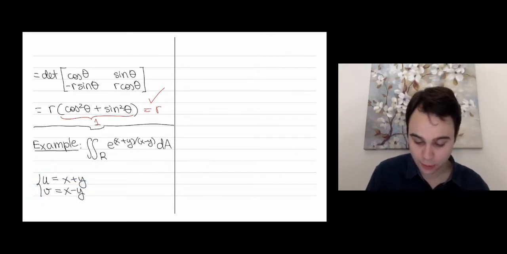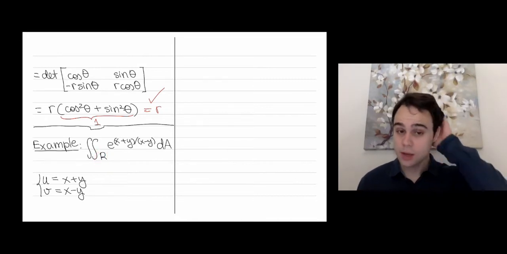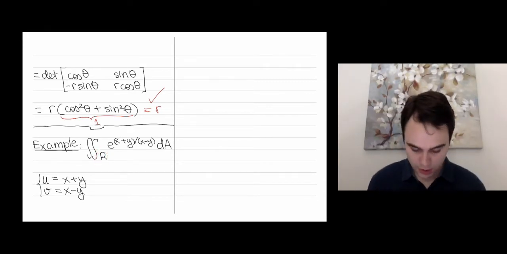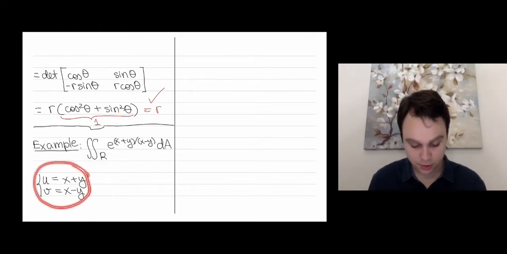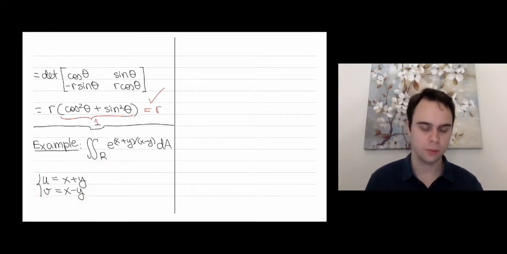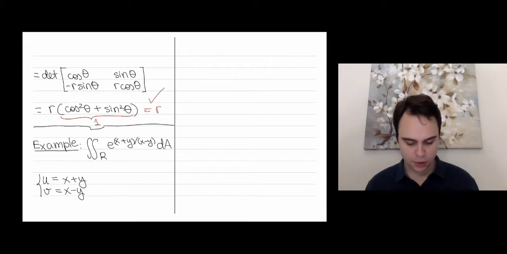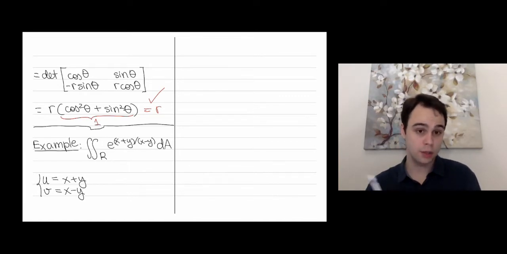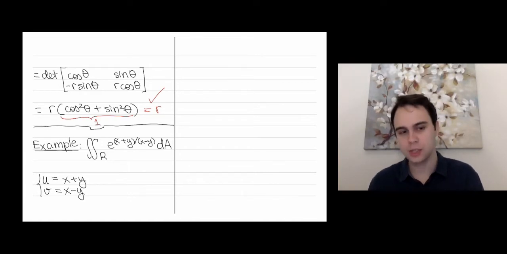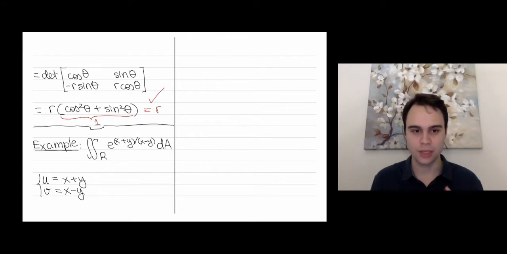Let me just say what we have to do. We have to compute this integral by changing coordinates, changing to u and v rather than x and y. Can you guys see u and v? If I give you a point in the plane, the x and y coordinates are numbers you attach to that point. I can also attach to that point the sum and the difference of x and y.